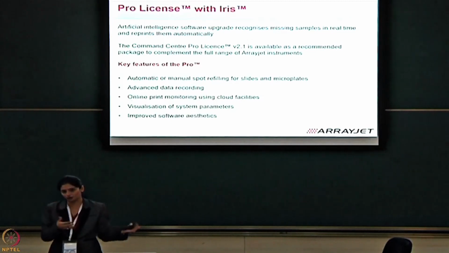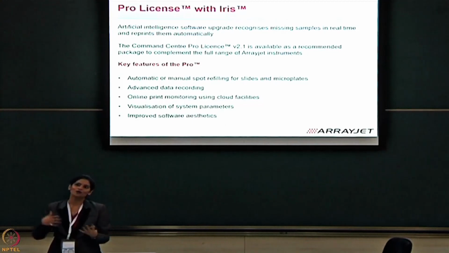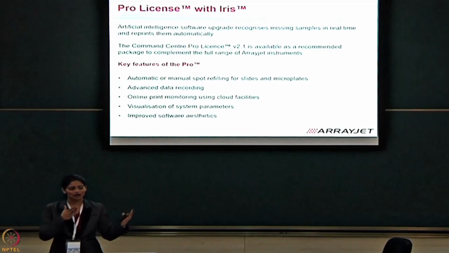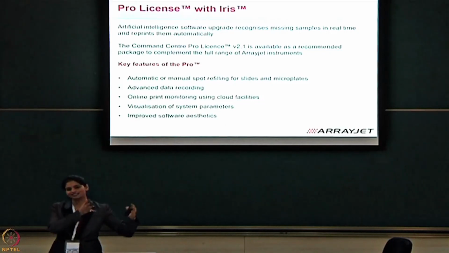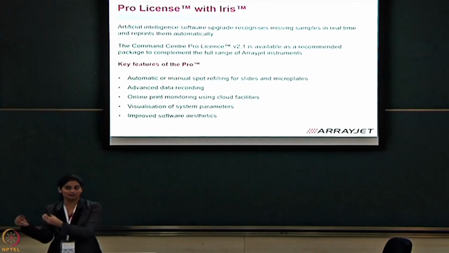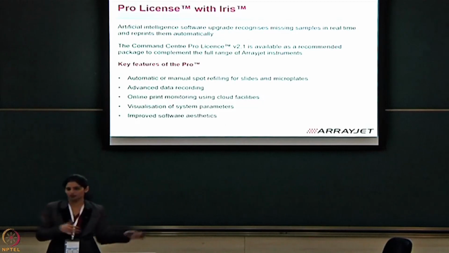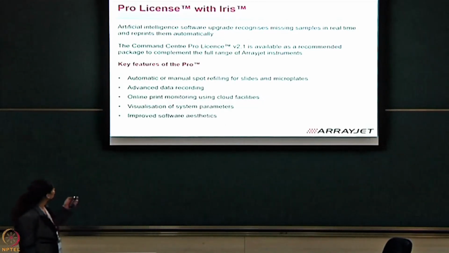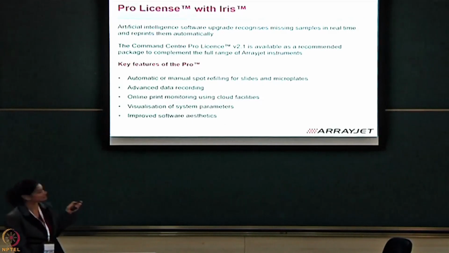Your current software, which doesn't have the camera, is not going to be able to print something that was missed. The standard software does not include the options of a camera. If the camera is being used, it has to come with special software that can remember and reprint your spots. That is why you have something called the Pro license.